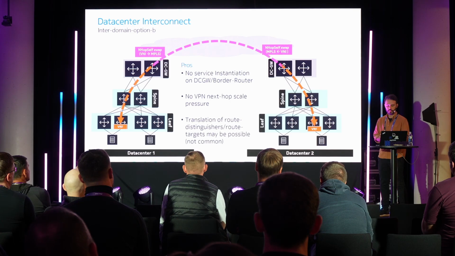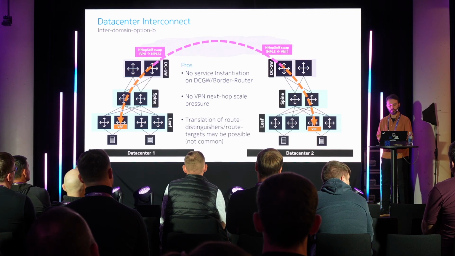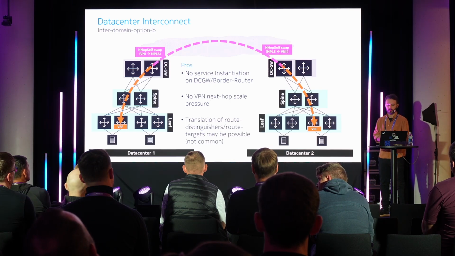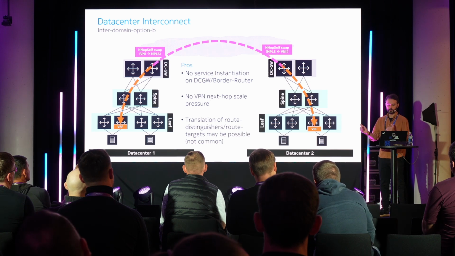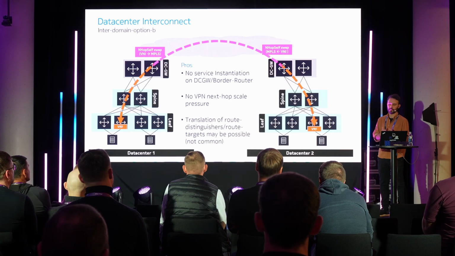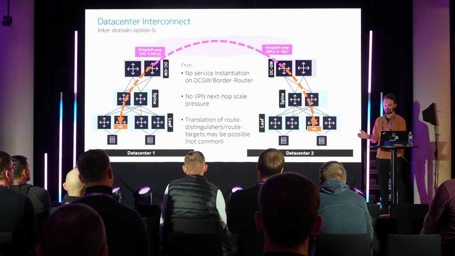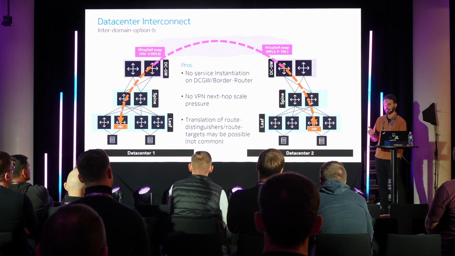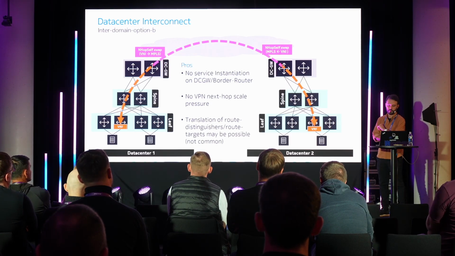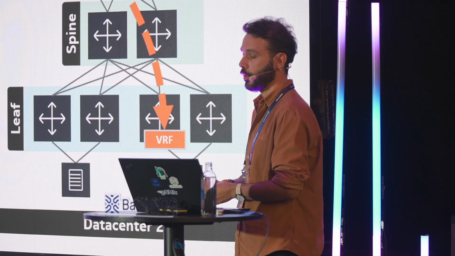Also, it eliminates the next hop scale pressure. From a data center 1 leaf point of view, normally all the next hops in the other data center would be different next hops. That would be a different VXLAN tunnel or a different tunnel. That would eat into the FIB entries that you can populate as next hops. And typically these leaf devices are not the most high-end chips. They are Trident. They have quite low scale.